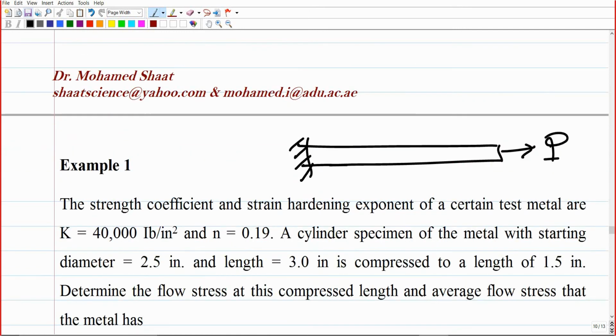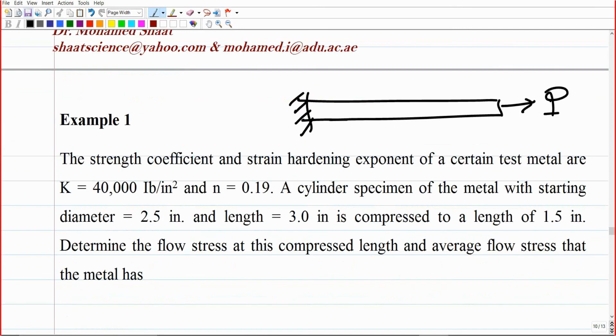Why? In this operation, we stretch the bar to increase the length, because the length is very long in comparison to the thickness, the width, or the diameter of the bar. So why am I telling you these things?